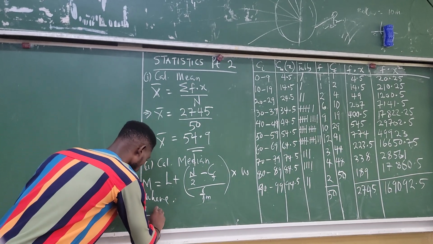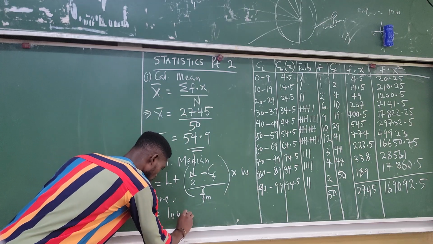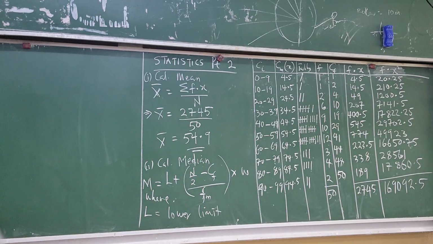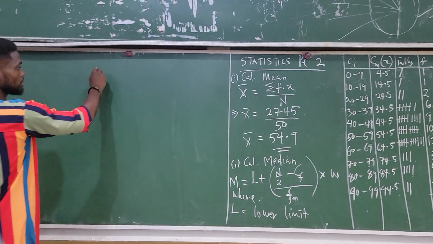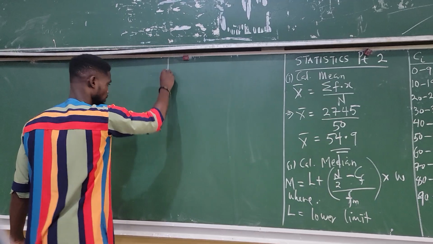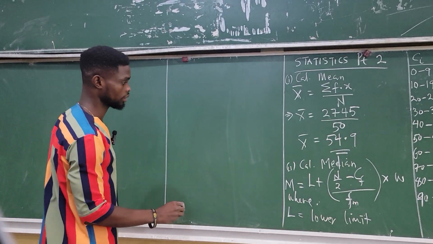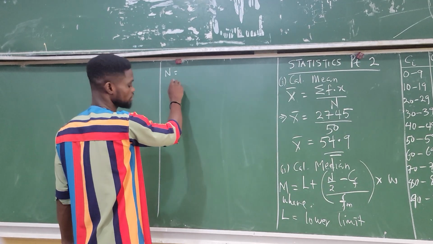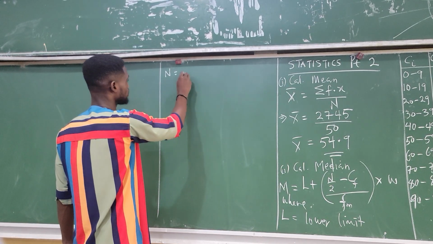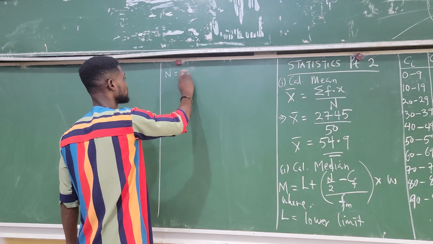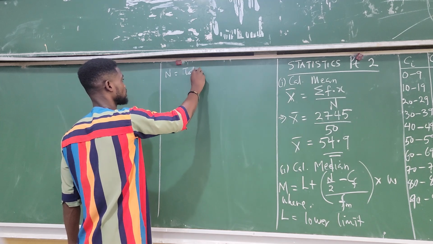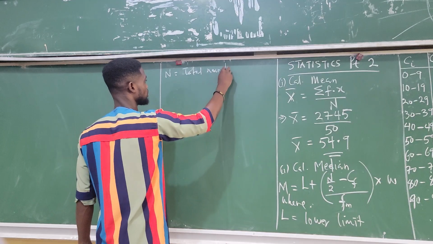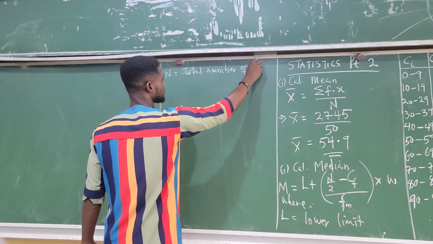Your L is the lower limit, and your N is the total number of frequency.